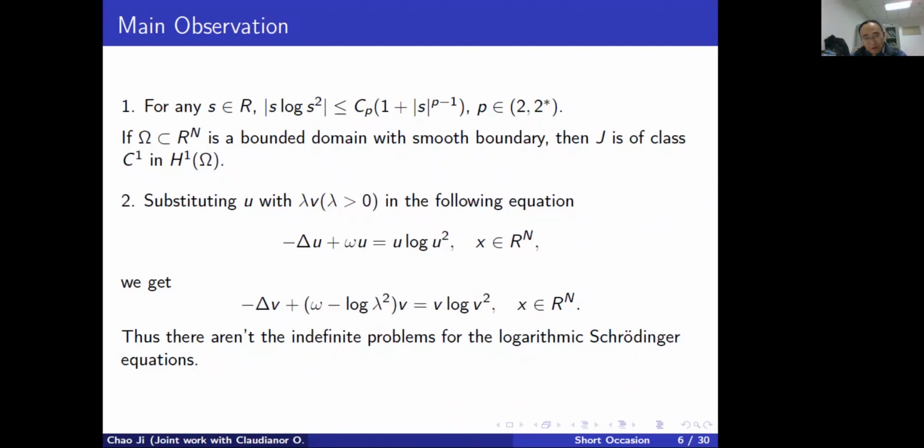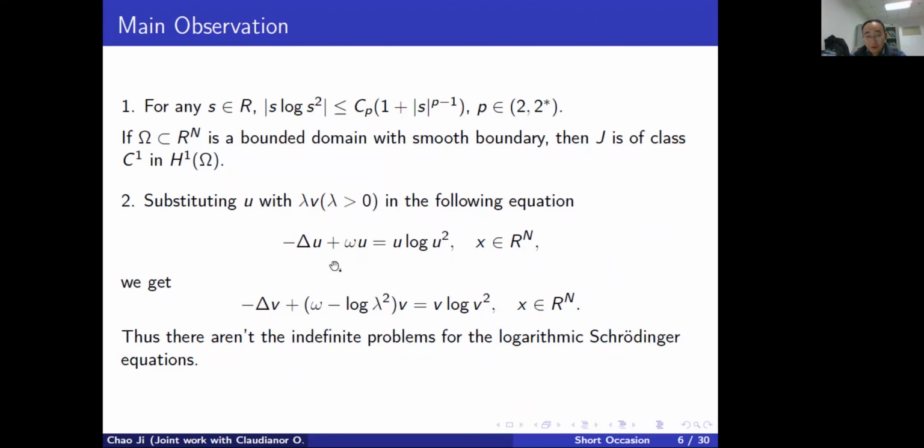But here I will say some more. If here it is not a constant but a potential, a function, for example V(x), and the potential V(x) is unbounded below, this method doesn't work.